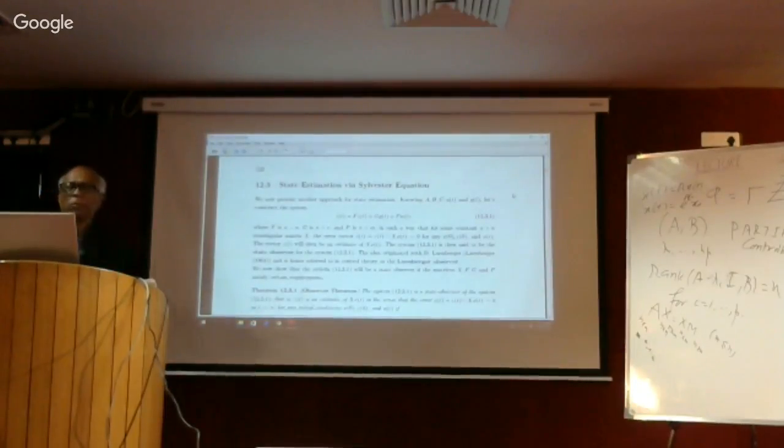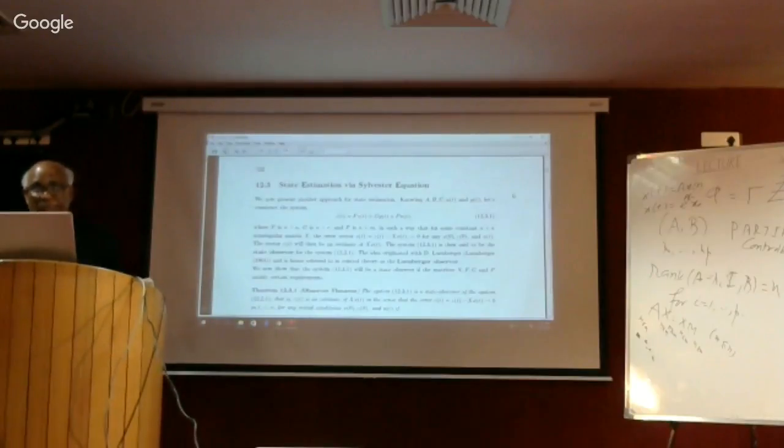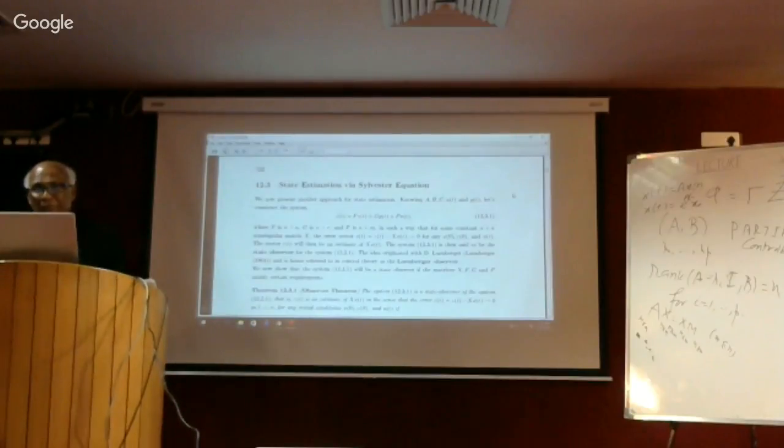Once your F, G, and the matrix P are constructed out of the solution X of the Sylvester observer equation, right? And once the P matrix is constructed, D is known, F is known, then you have to solve this differential equation for any initial C0. You can choose any arbitrary initial C0, you solve it.